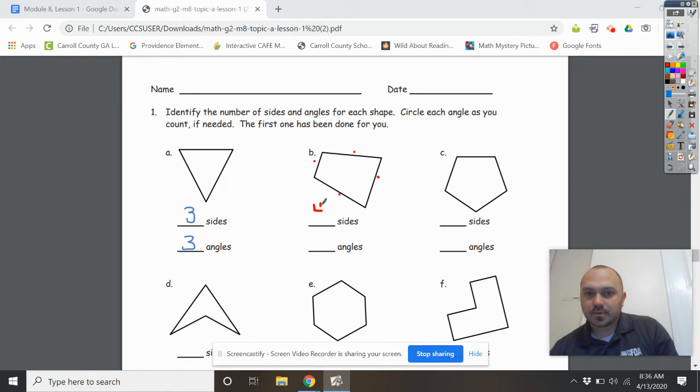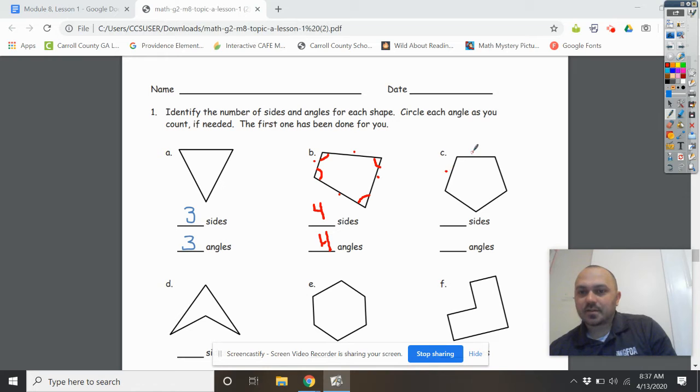So we're simply going to put 4 for the number of sides. And let's count the angles. So here's a point where 2 lines meet, angle number 1. Here's a point where they meet, angle number 2, angle number 3, angle number 4. So 4 sides and 4 angles.